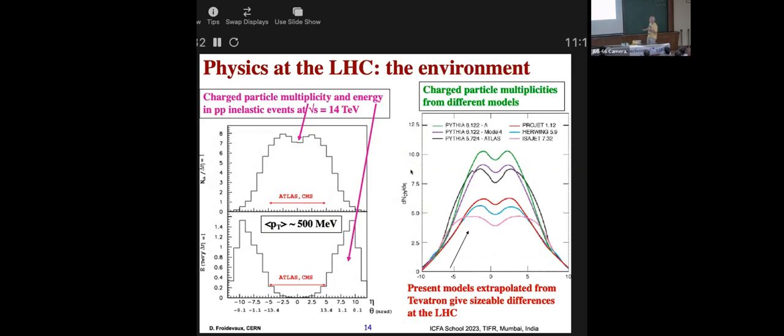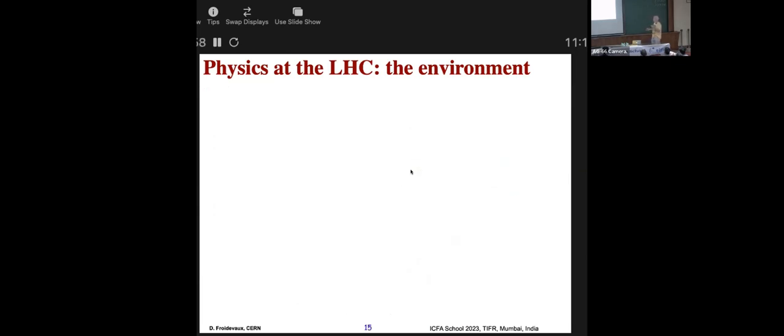And here is shown the average PT, about 500 MeV. Then you see that ATLAS and CMS cover this region here, and what is outside, we basically don't see. These are pictures of what the models were predicting at the time, giving very large differences sometimes between what they predicted and what we eventually saw. But they were not so far off.